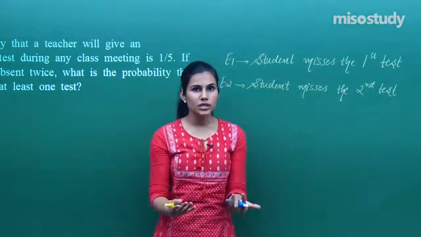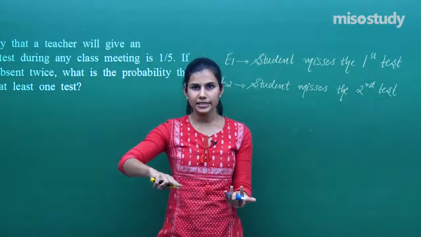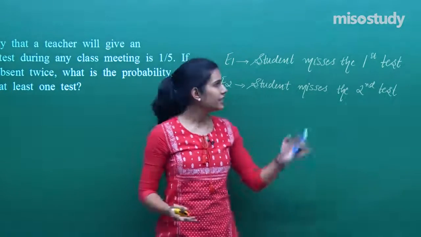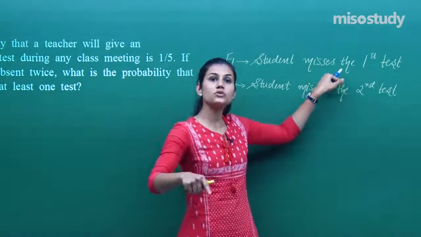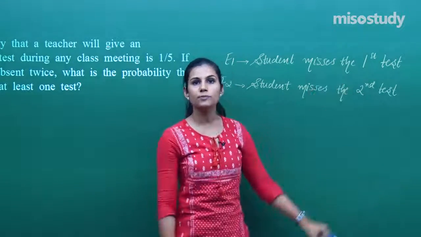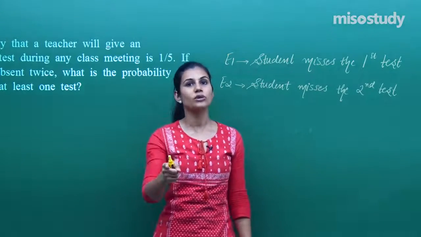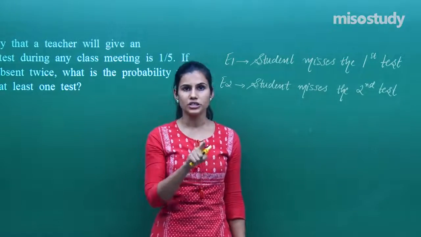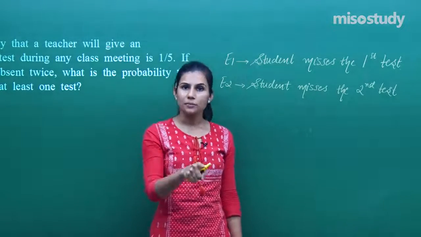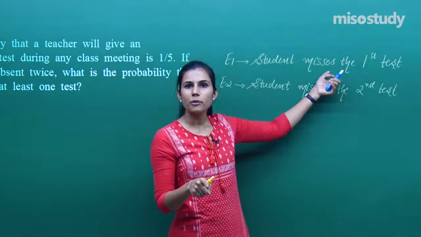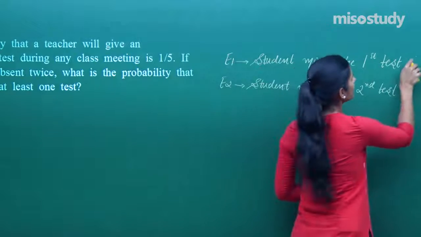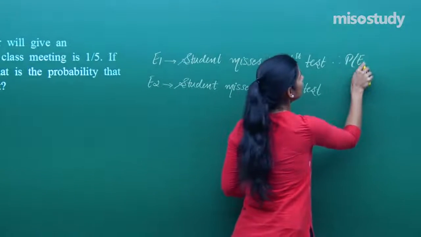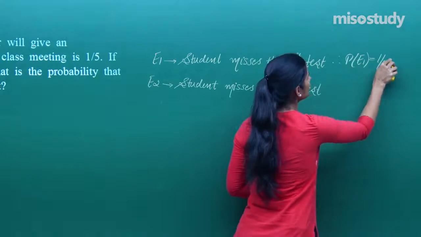Obviously, if he is absent on a certain day and the teacher is not taking a test on that day, how can he miss the test? He can miss a test on a particular day when he is absent only when the teacher decides to take the test on that day, and that holds probability 1 by 5 that she is going to take a test on a particular day. If that is 1 by 5, then that is the same probability of the student missing the first test. So, probability of happening of event E1 is 1 by 5.